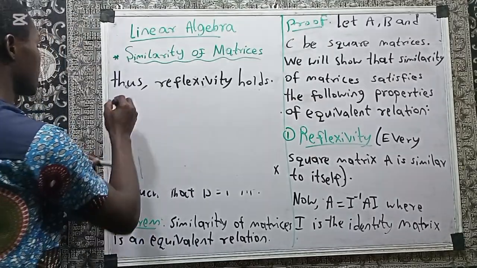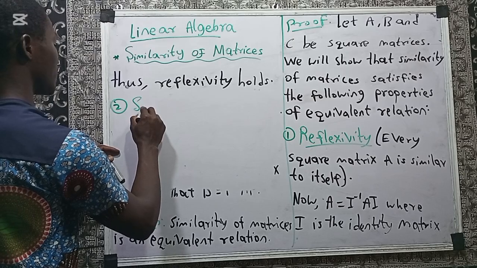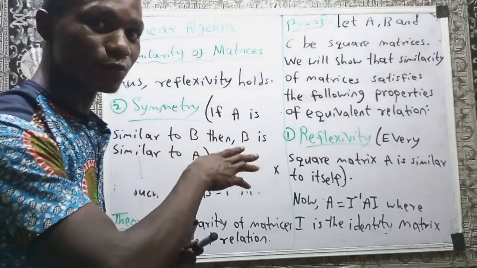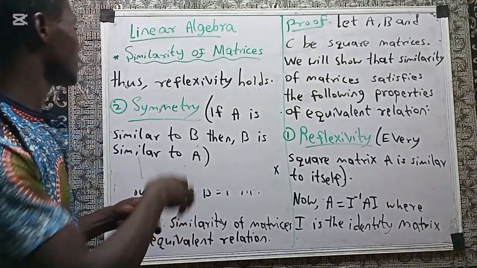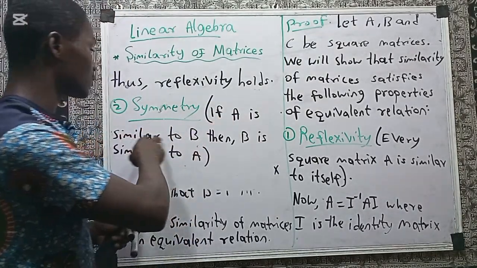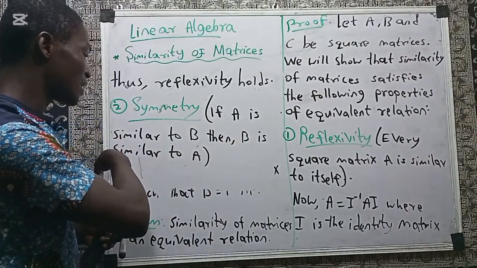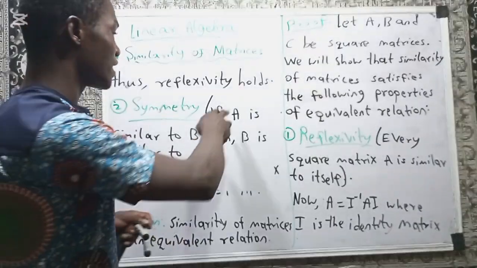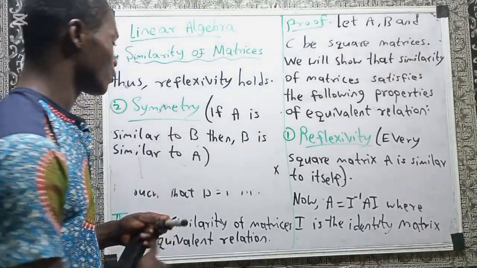So let's look at the second property. The second property is talking about symmetry, which you can also say the symmetric property. In the symmetry, we say that if your matrix A is similar to B, then B is similar to A. That's what we want to show.